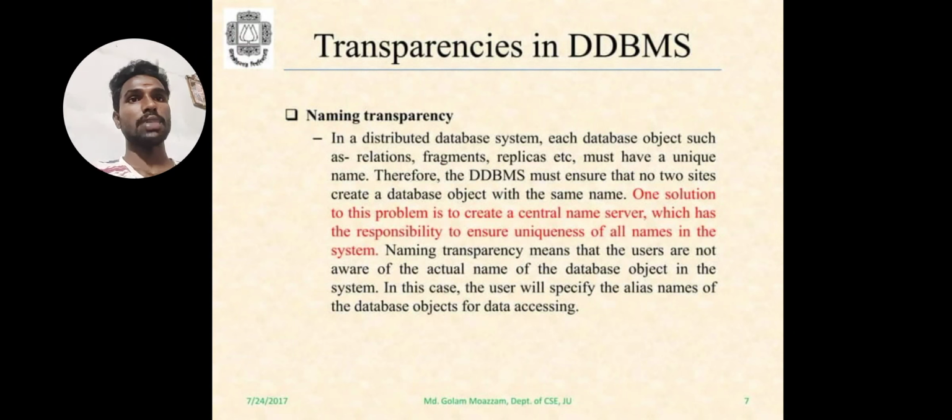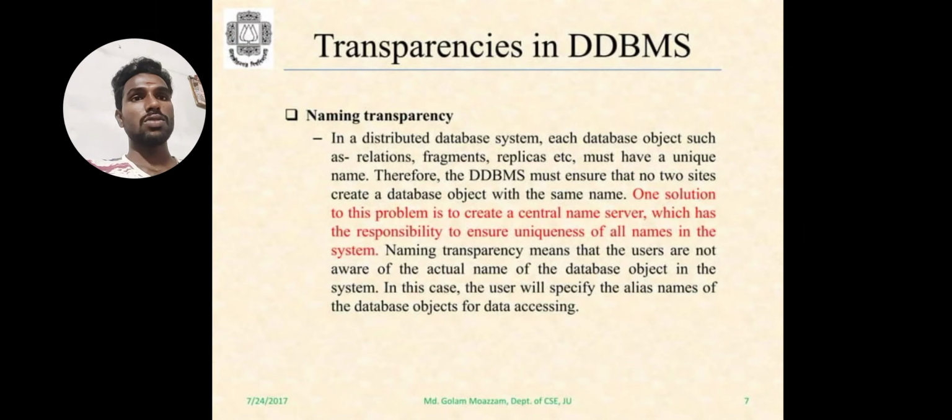Naming transparency: in a distributed database system, each database object, such as relations, fragments, replicas, etc., must have a unique name. Therefore, the DDBS must ensure that two sites do not create database objects with the same name.